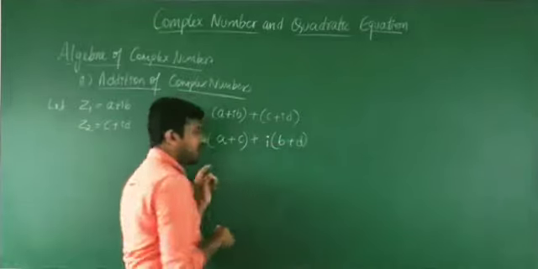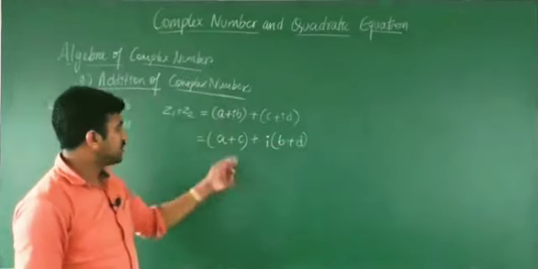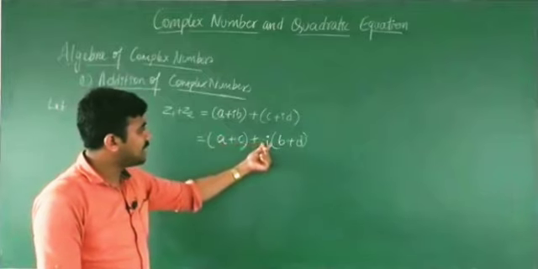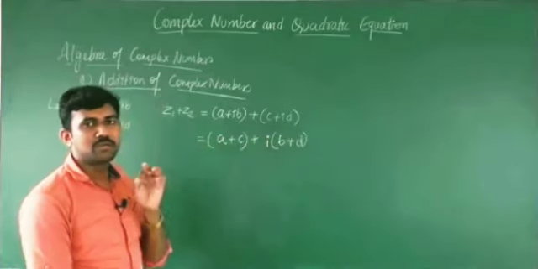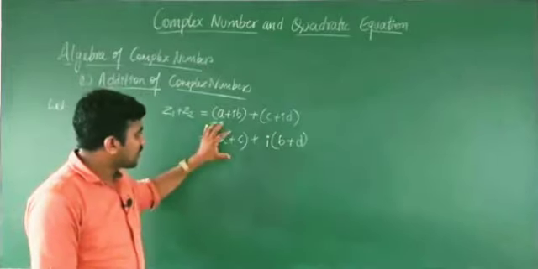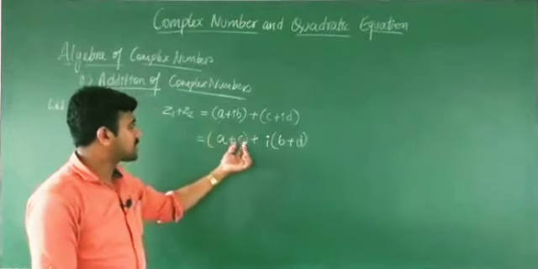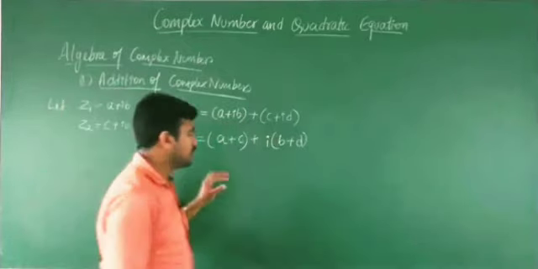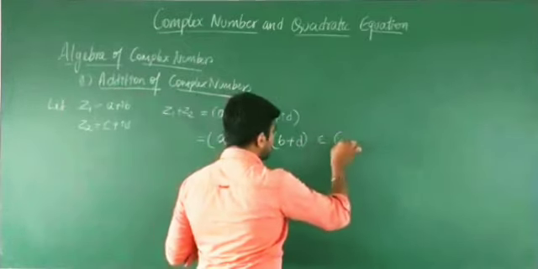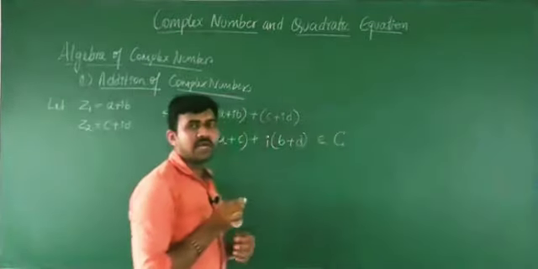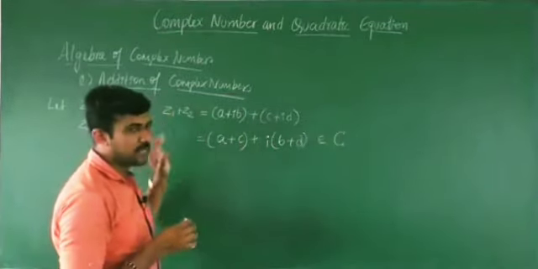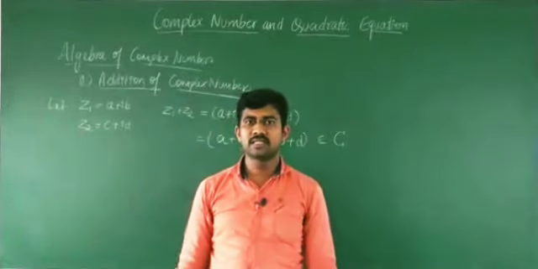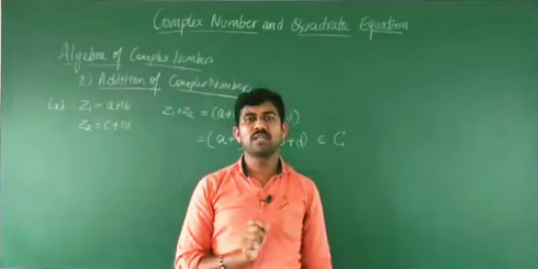This is the way we can add two complex numbers: the sum of the real parts plus i into the sum of the imaginary parts. Clearly it is in the form x plus iy, so it belongs to the set of complex numbers. We can observe the sum of two complex numbers is a complex number.